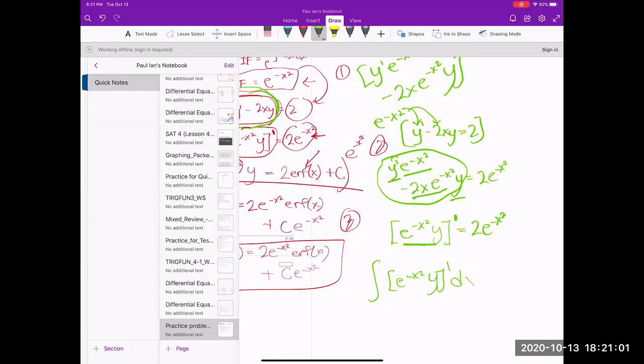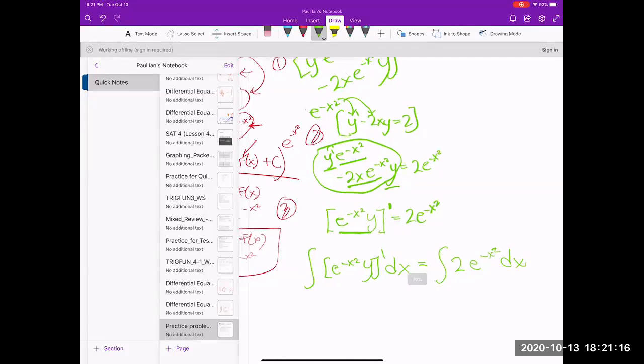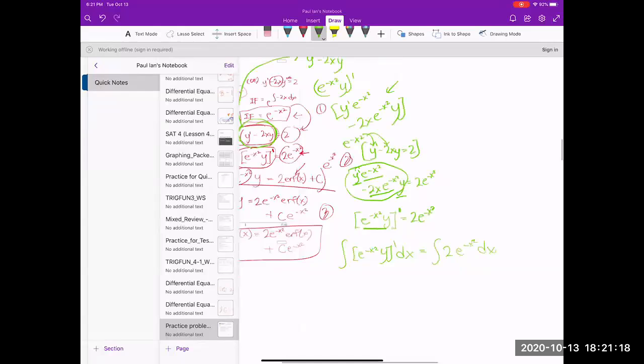Oh, this is dx. And then the other side as well. You do things like 2e to the minus x squared dx. And this is why you're going to get a c on the right hand side. So when you do this, the derivative cancels out. So the only thing left is this. That's why you wanted to do that product rule, because then it just pretty much cancels out the prime.